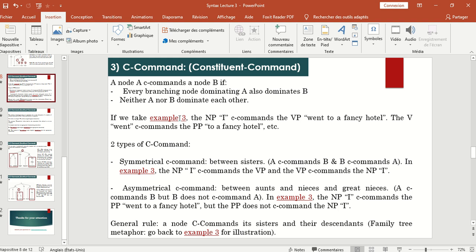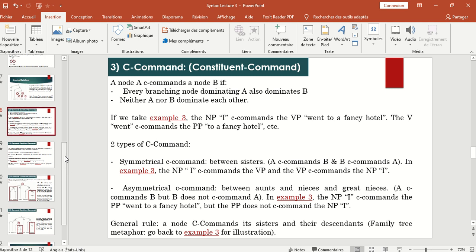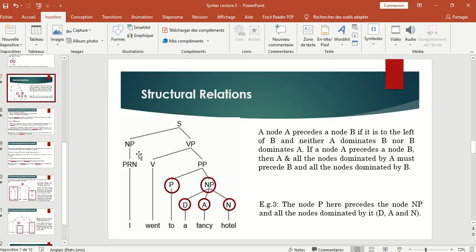If we take example 3 of the previous slide, we'll get back to it in a minute. The NP I c-commands the VP went to a fancy hotel. Let's take an example. The NP here c-commands the VP went to a fancy hotel.